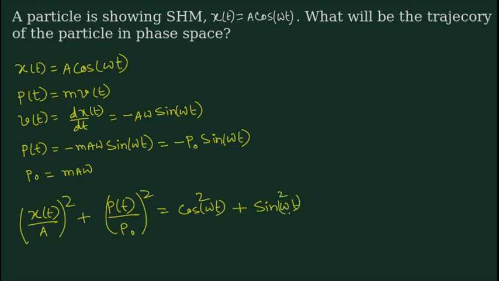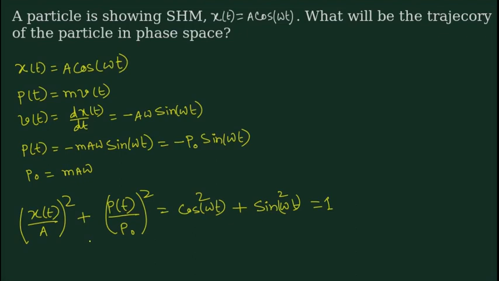Okay, so this is equal to 1. This is the equation of an ellipse. Okay, so in the phase space, the trajectory of a particle showing simple harmonic motion will be elliptical in nature.